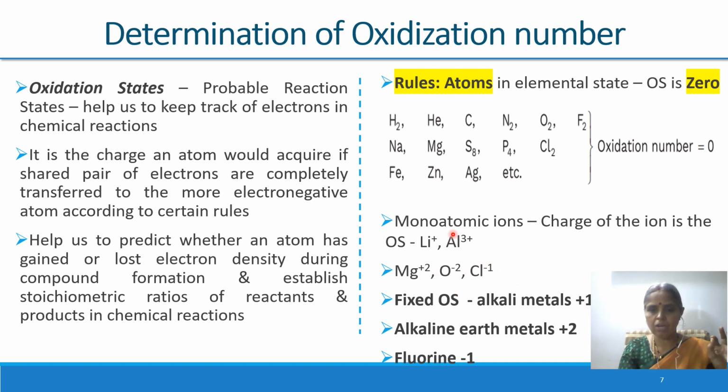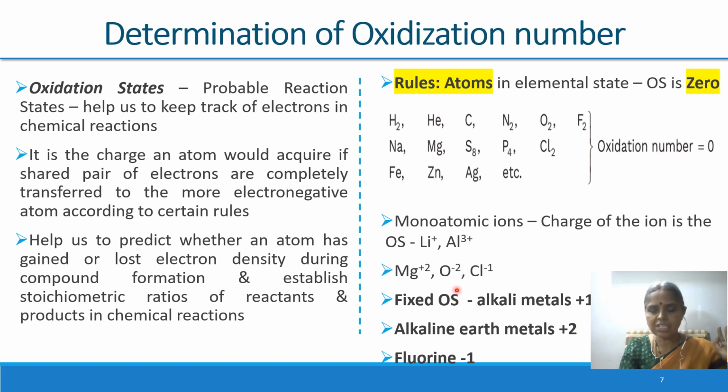For such species, the charge of the ion is the oxidation number of the particular atom or element. For example, what is the oxidation number of Mg in Mg2+? It is +2. What is the oxidation number of aluminium in Al3+? It is +3.